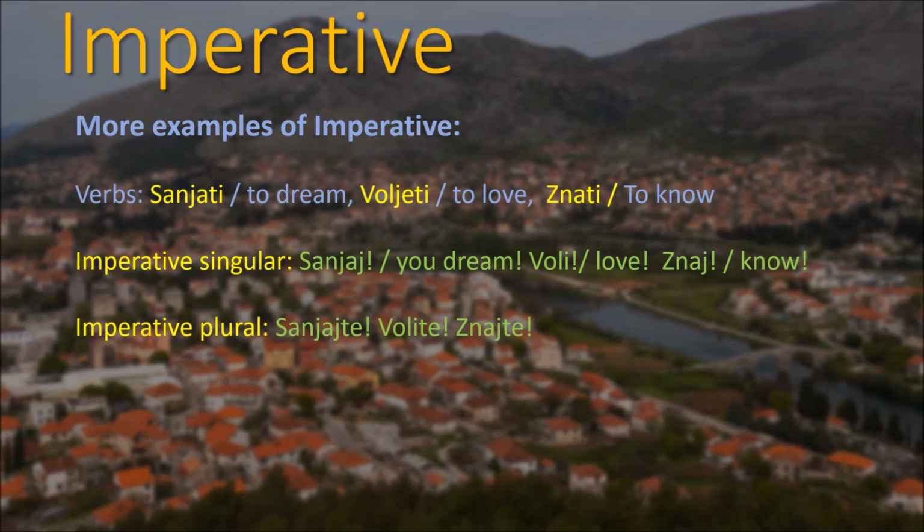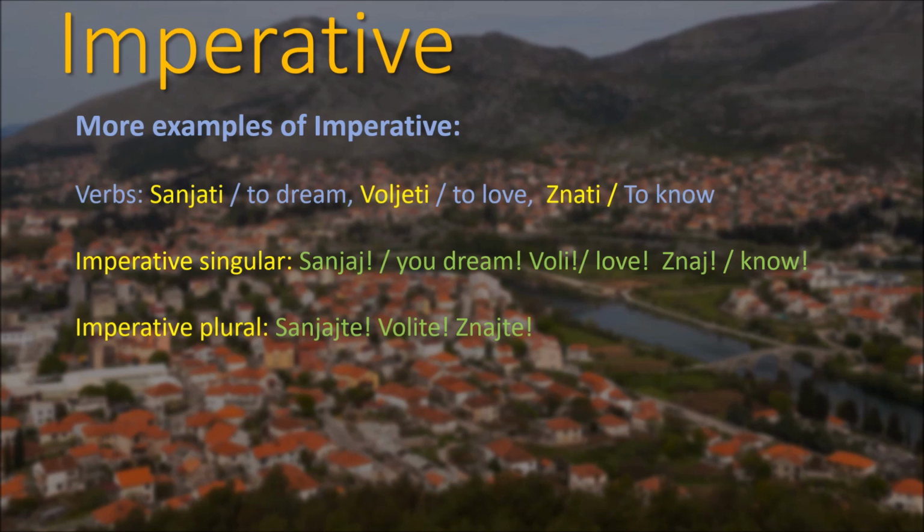So the infinitive of the verb sanjati becomes sanjaj in the singular form. Remember, third person plural would be sanjaju. We deducted the u and we're left with sanjaj, which means you dream or just dream.